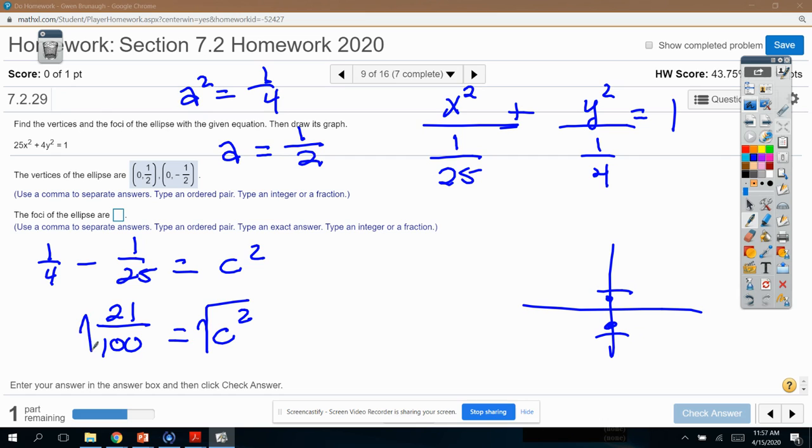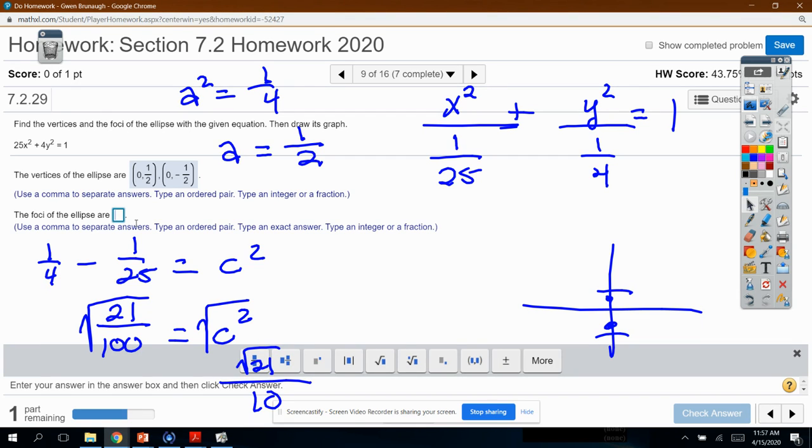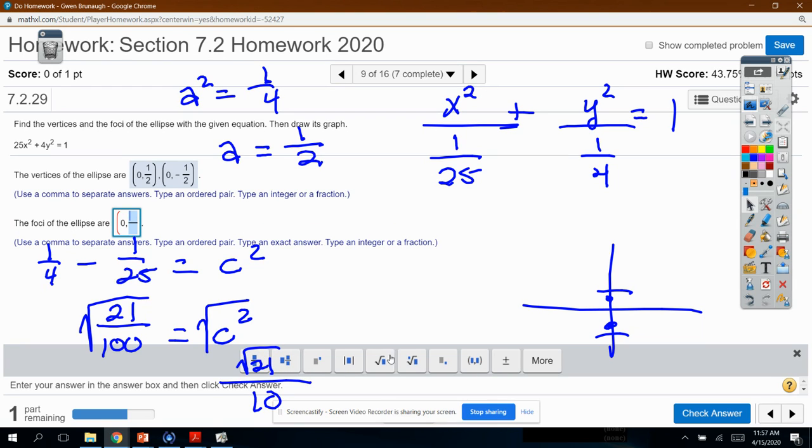Square root top and bottom, and you get the square root of 21 over 10. That's going to be up or down because it's in the same direction as the vertices. So 0, comma, square root of 21 over 10.